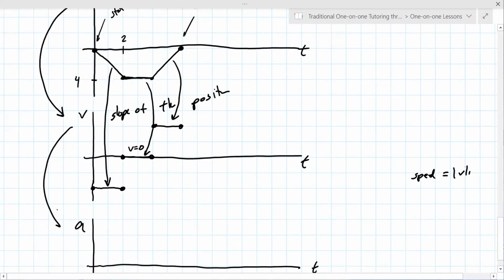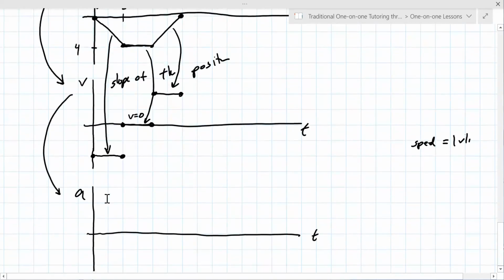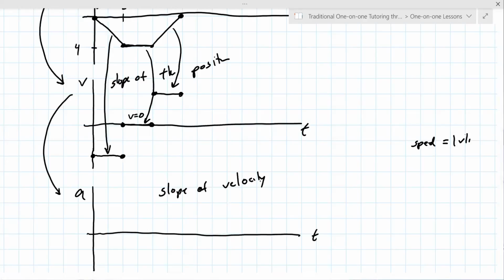Since velocity is the slope of position, acceleration is the slope of velocity. You have to be very comfortable with this progression, because it factors into chapter 4 when you start doing other things.